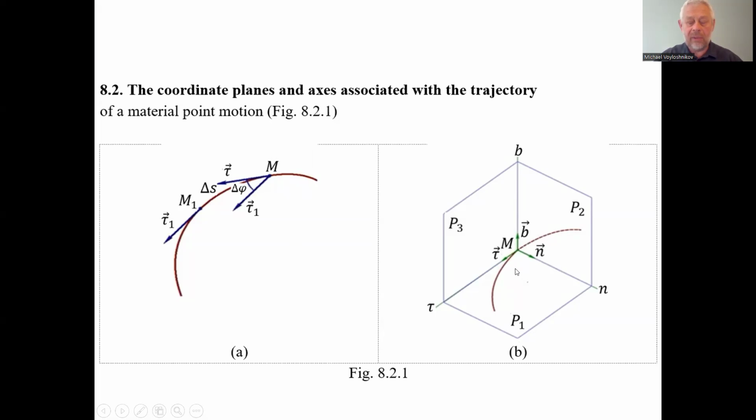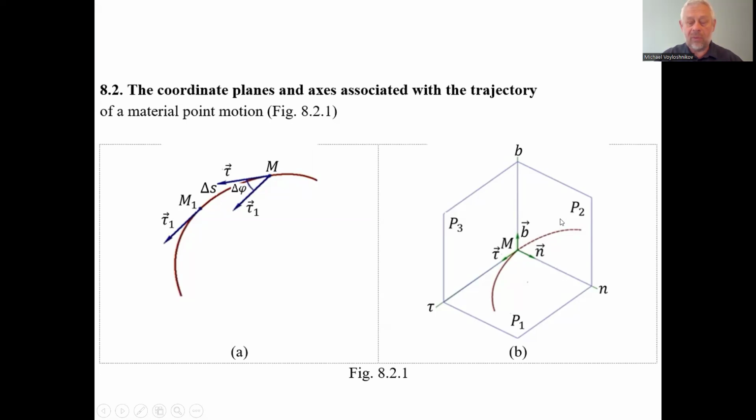In this plane we have two axes. The first is the tangential axis, the direction of the motion of the point M and of the tangential acceleration of the point M. And besides, we can find the perpendicular plane P2.